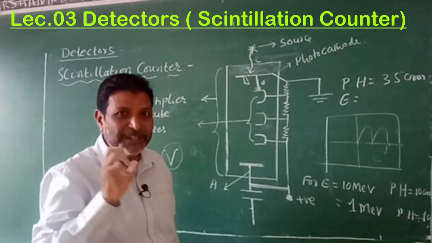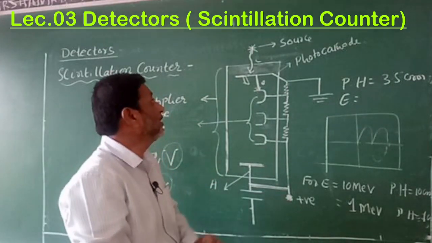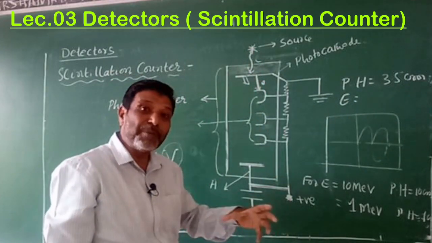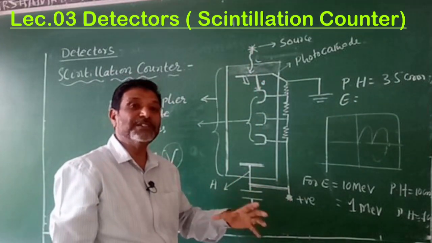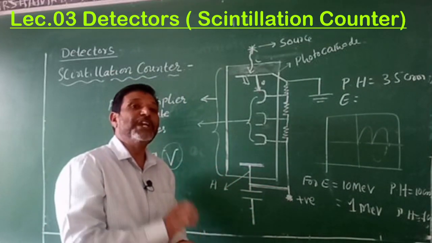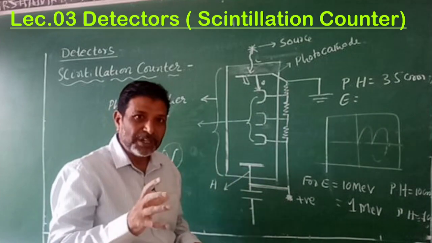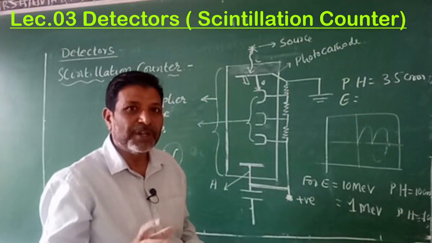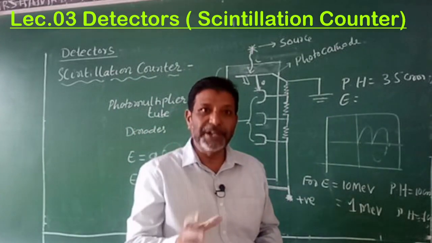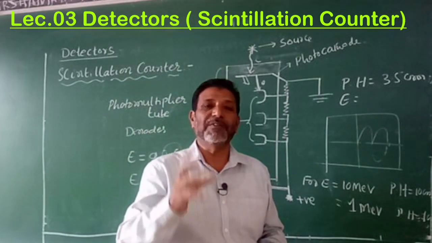At the same time, the energy of the emitted particle can also be determined by using this counter. Are you following? This is the way it is used for the measurement of the number of particles emitted from a radioactive source in a given interval of time.